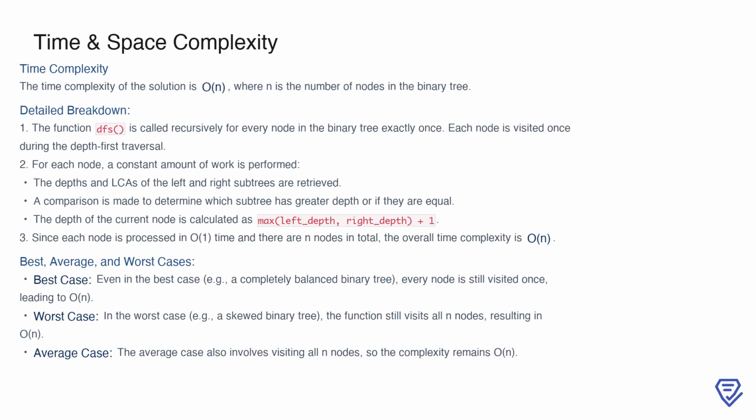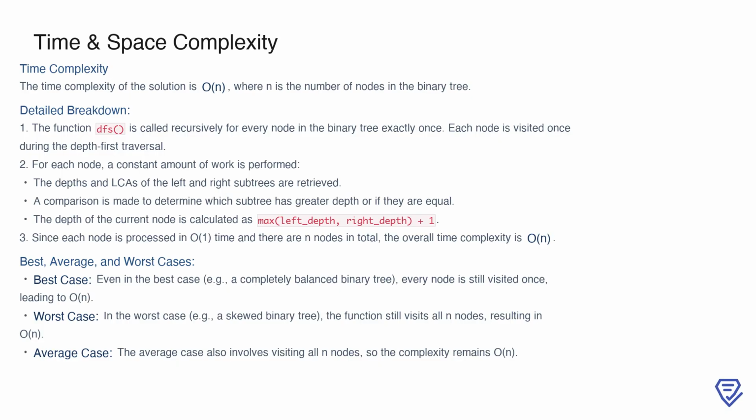The time complexity of this solution is O(n), where n represents the number of nodes in the binary tree. This is because the DFS function visits each node precisely once during the depth-first traversal. For every node, only a constant amount of work is performed, such as retrieving the depths and LCAs of its left and right subtrees, making a comparison to determine which subtree is deeper or if their depths are equal, and calculating the depth of the current node as the maximum of the left and right depths plus 1.